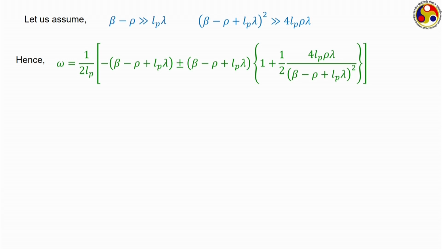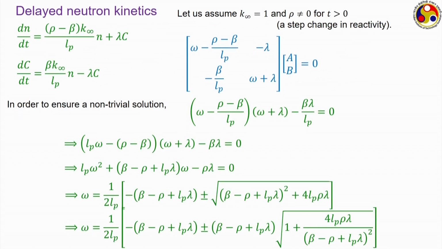If I go back to the previous slide quickly, here the numerator of this quantity is significantly smaller compared to the denominator. So, we can write this one as 4 LP rho into lambda into beta minus rho plus LP lambda whole to the power minus 2.